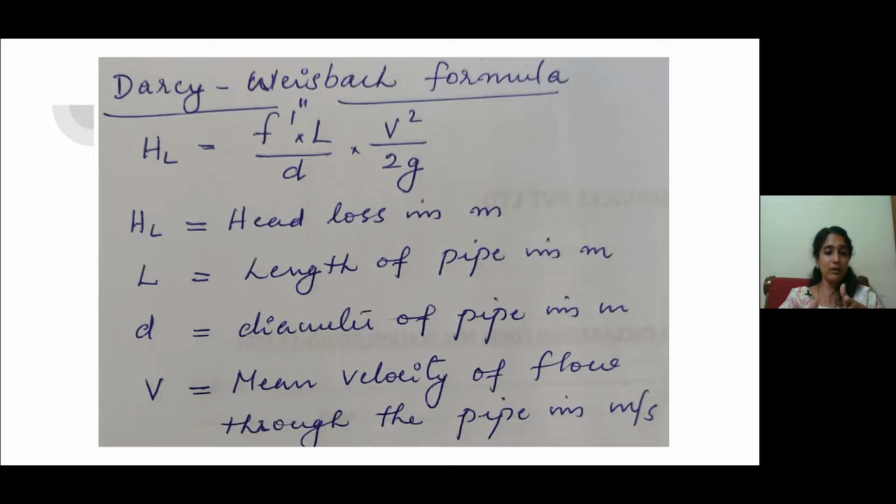Here also you have to convert this velocity V into Q by A, so that we can convert this equation into a form that is needed for Hardy-Cross method, that is HL is equal to K into QA raised to X. All the other part, rest of the part, other than the QA part, we will consider as K.